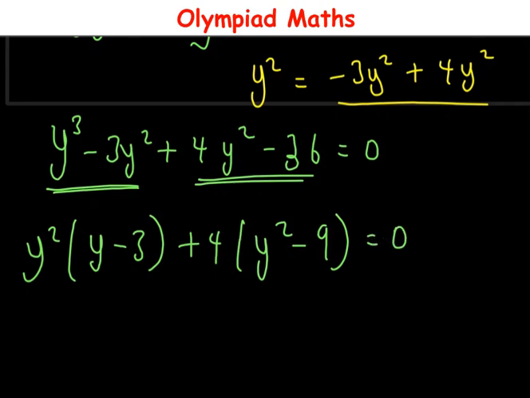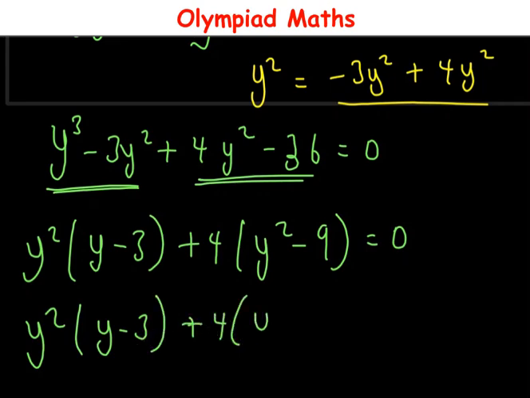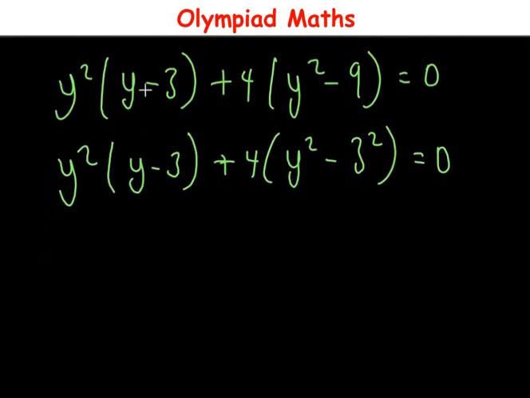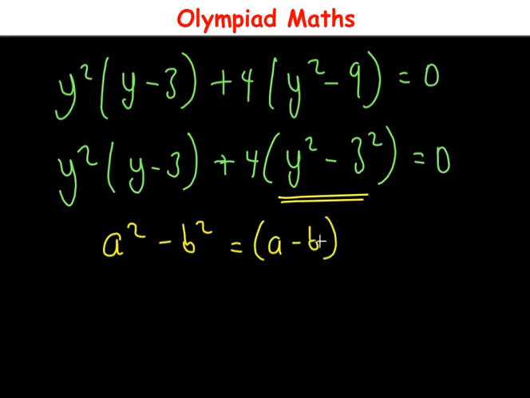So from here, we can express 9 as 3 squared, right? So this becomes y squared into brackets y minus 3, then plus 4 into brackets y squared minus 9, which can be written as y squared minus 3 squared, all is equal to 0. So with this, okay, if you look at this right here, this is in the form of a squared minus b squared, which is equal to, in brackets, a minus b multiplied by a plus b.